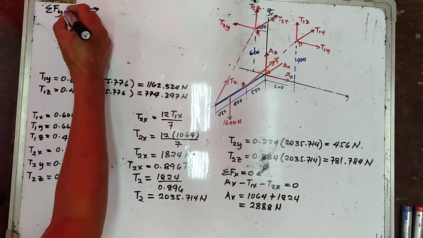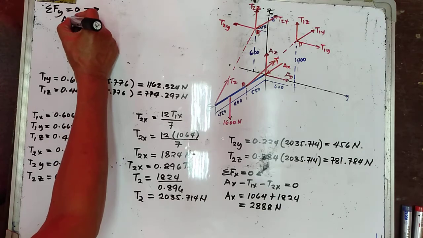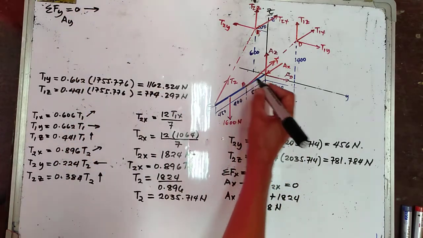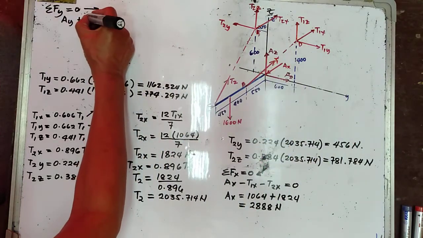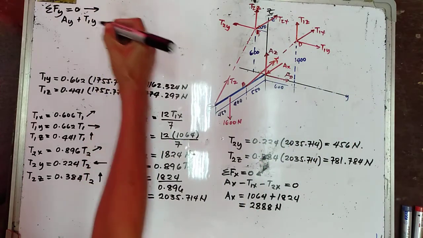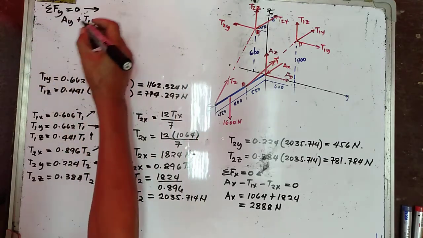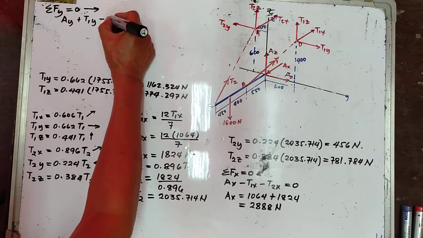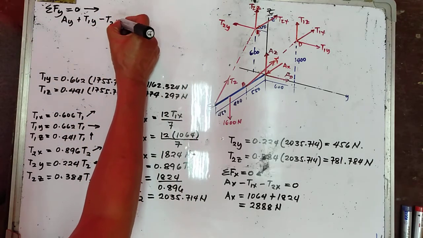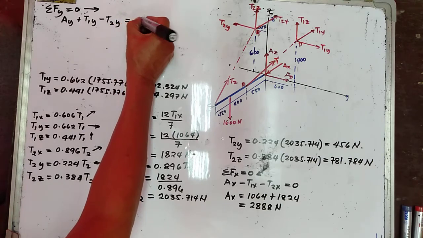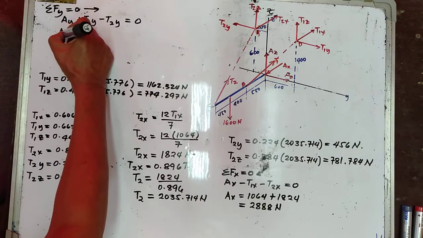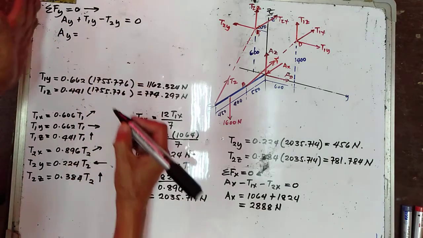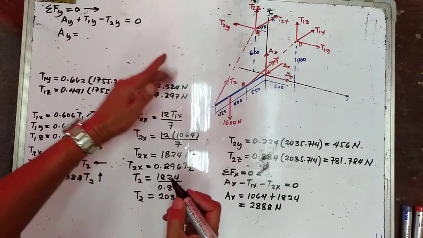So we have AY, and then we have plus T1y minus 2Ty minus T2y is now equal to 0. So your AY, transpose this to the other side of the equation.